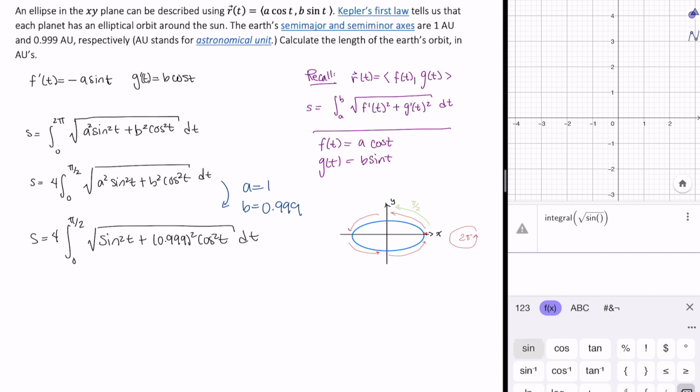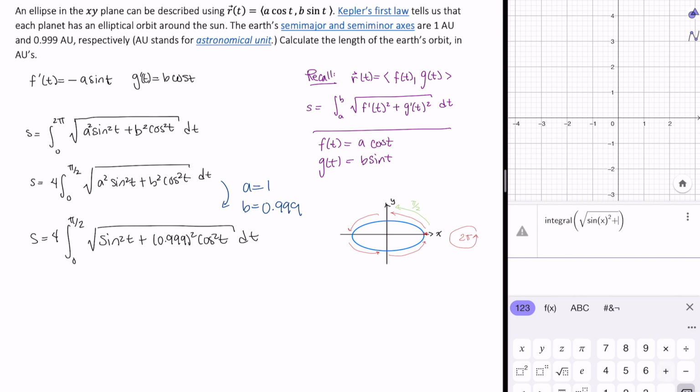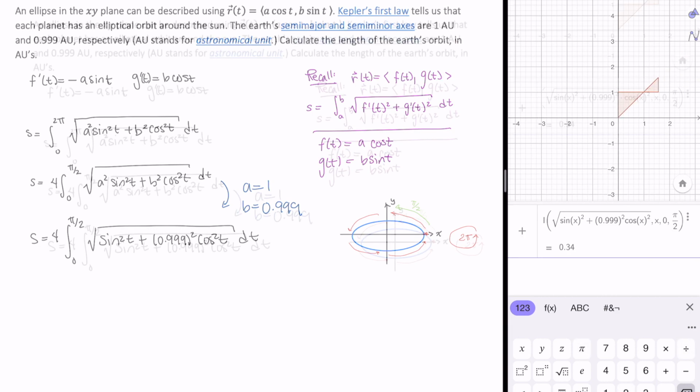So now I know what to type. I'm going to go to function and type sine. I'm not going to use t's, I'm just going to have x, with this little arrow to get the square, plus 0.999 squared times function cosine x squared. And I want to integrate with respect to x from 0 to pi over 2.